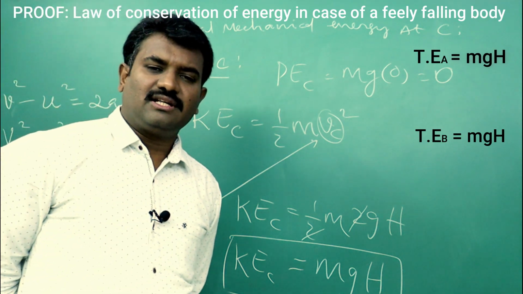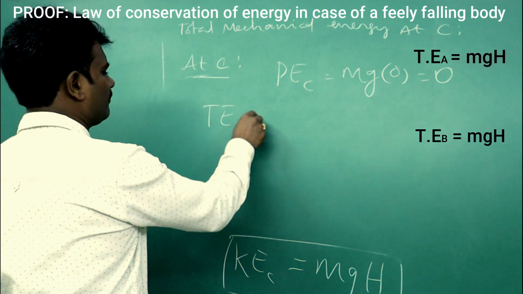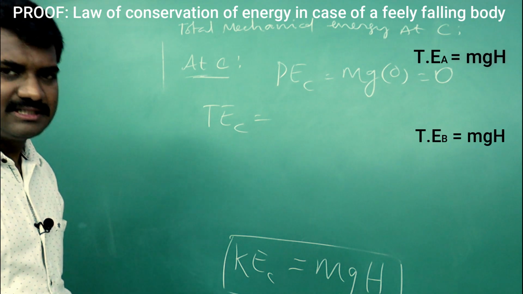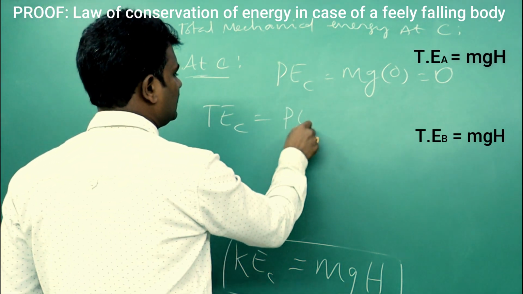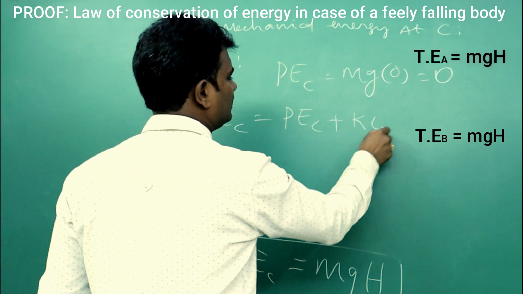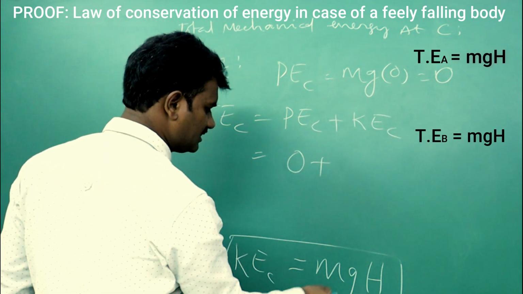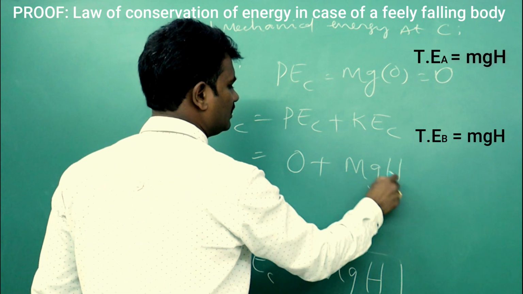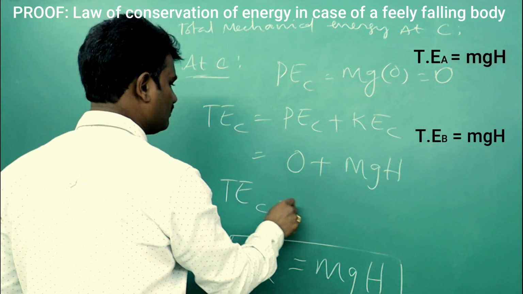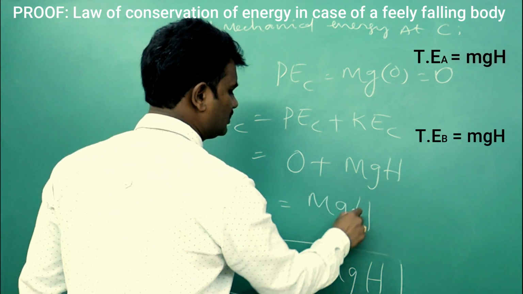Now our job is to find the total energy at C. Total energy at C means potential energy at C plus kinetic energy at C. Potential energy at C is 0 and kinetic energy at C is mgH. That's why total energy at C equals how much? mgH.